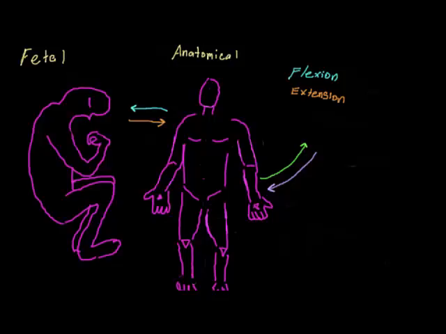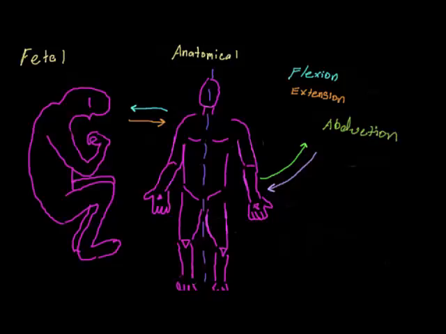We're going to see it where, from the midline of our body, anything that's being taken away from this position, anything that's being taken away from this midline of the body is going to be abduction.